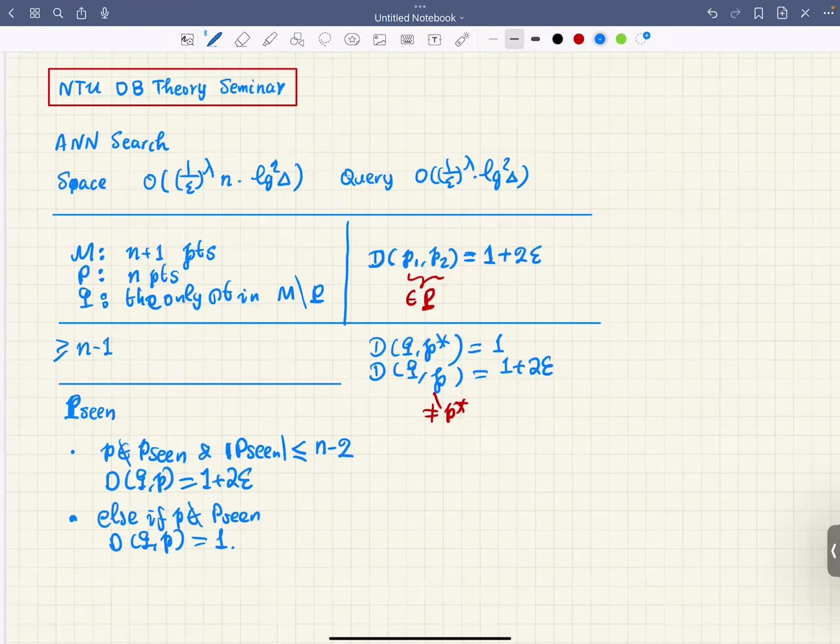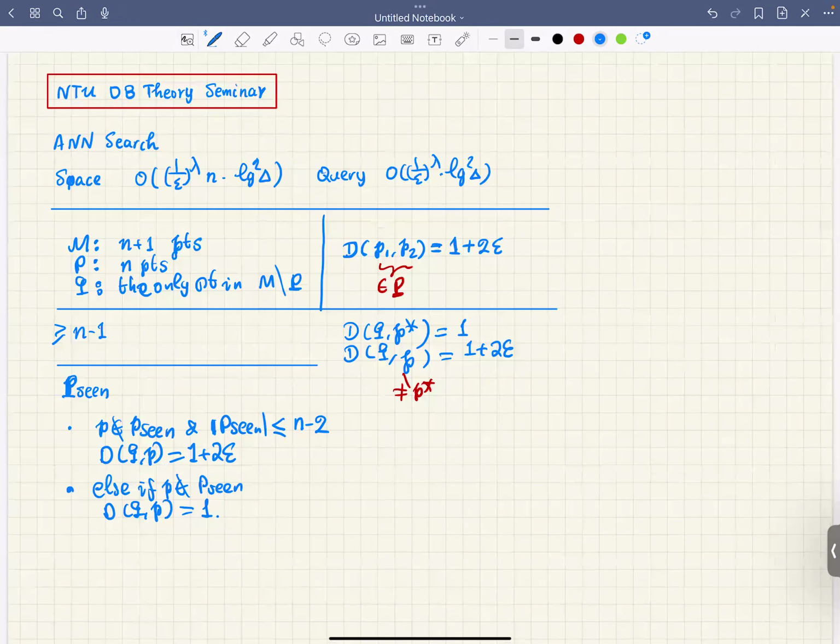Now I have constructed a hard instance. I have proven that no matter what your algorithm is, the best query time on this particular data set is n minus 1.